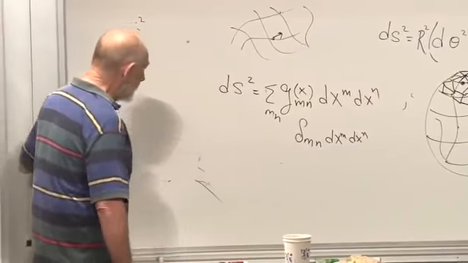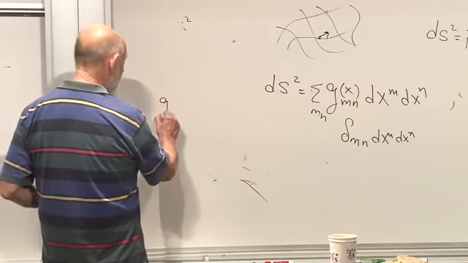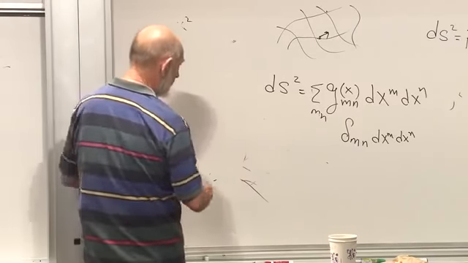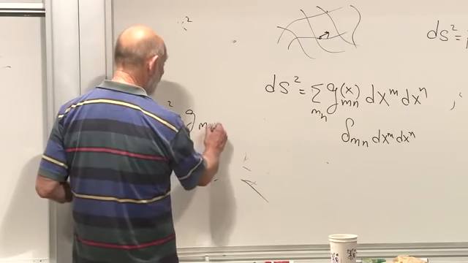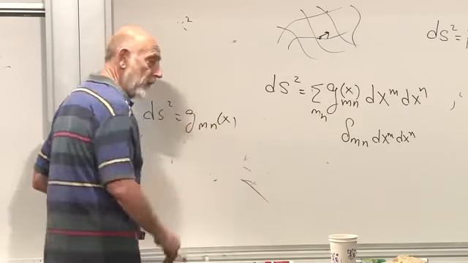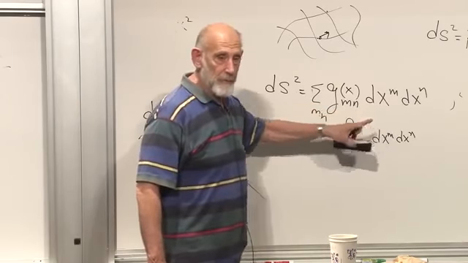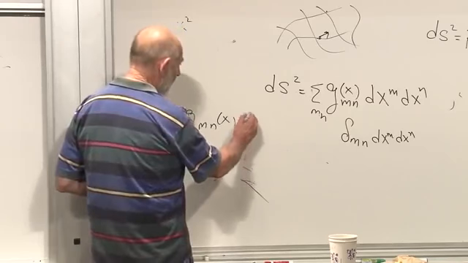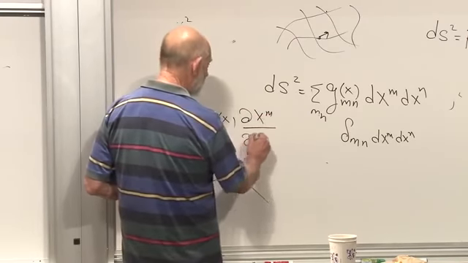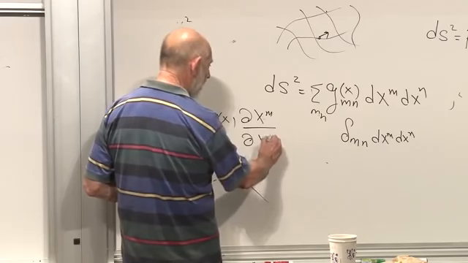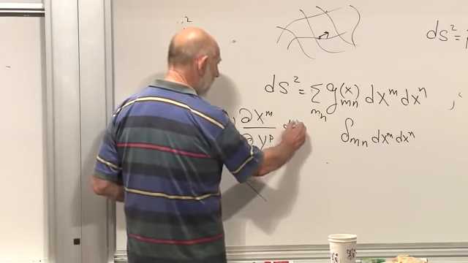All we have to do is write that ds squared is equal to g_{MN}(x) dx^M dx^N. I'm simply rewriting what I have here. But then what is dx^M in terms of y's? It's the partial of x^M with respect to y^P times dy^P.